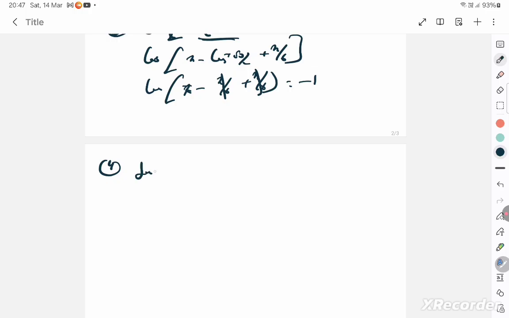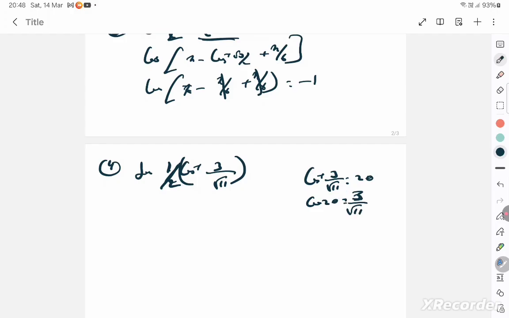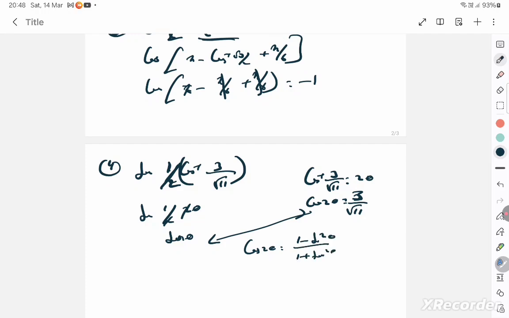Next, tan of half of cos inverse of 3 by root 11. I don't like half, so I'll assume cos inverse of 3 by root 11 as 2 theta. Cos 2 theta is 3 by root 11. Then substituting here, tan of half of 2 theta becomes just tan theta. You know cos 2 theta is 1 minus tan square theta by 1 plus tan square theta.